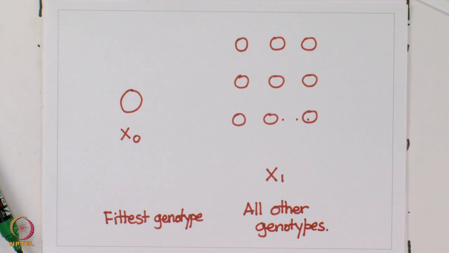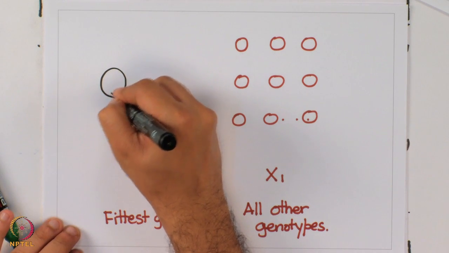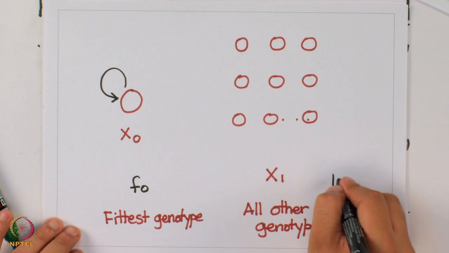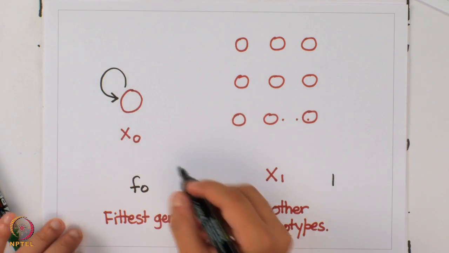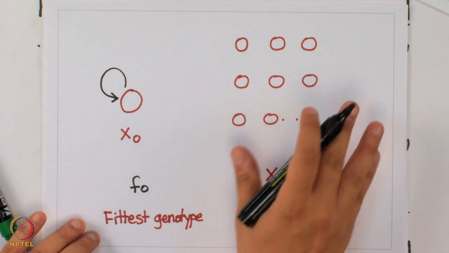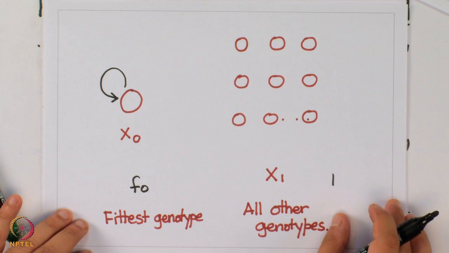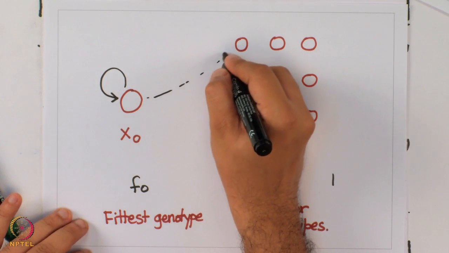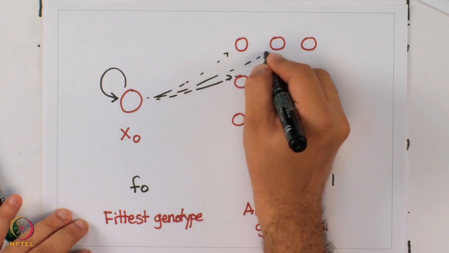Now, how do we think about this? What is going to happen as division is happening, x naught divides with an enhanced fitness f naught. So, fitness here is f naught, fitness here is 1. Very often this is going to divide faster than everybody else, and it is going to lead to its own progeny being identical to the parent genotype, but also there are going to be mutational events, and it is going to lead to progeny of different genotypes as well.